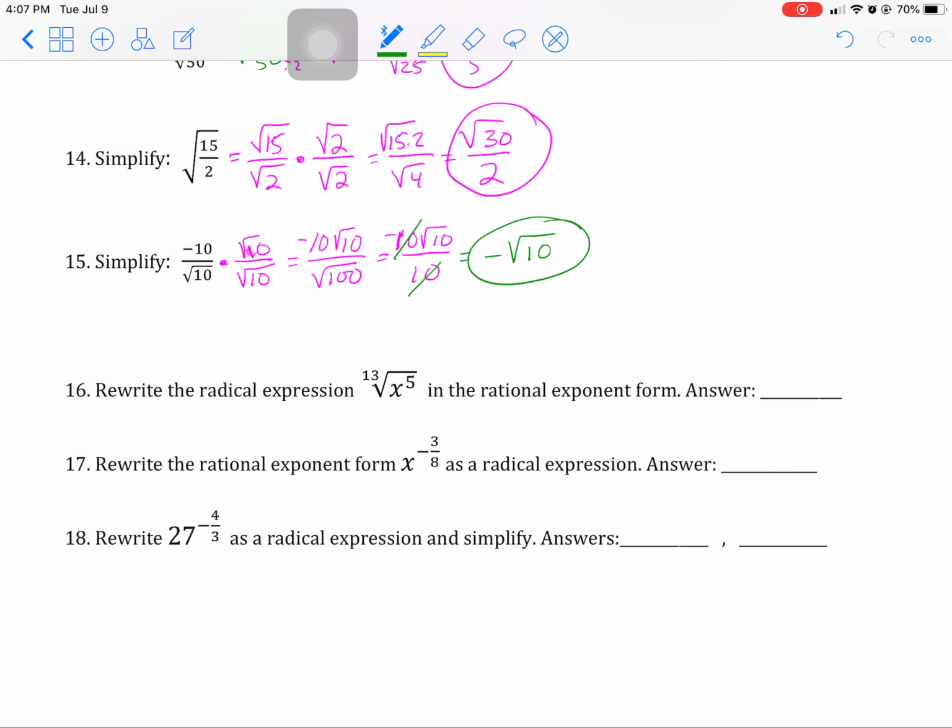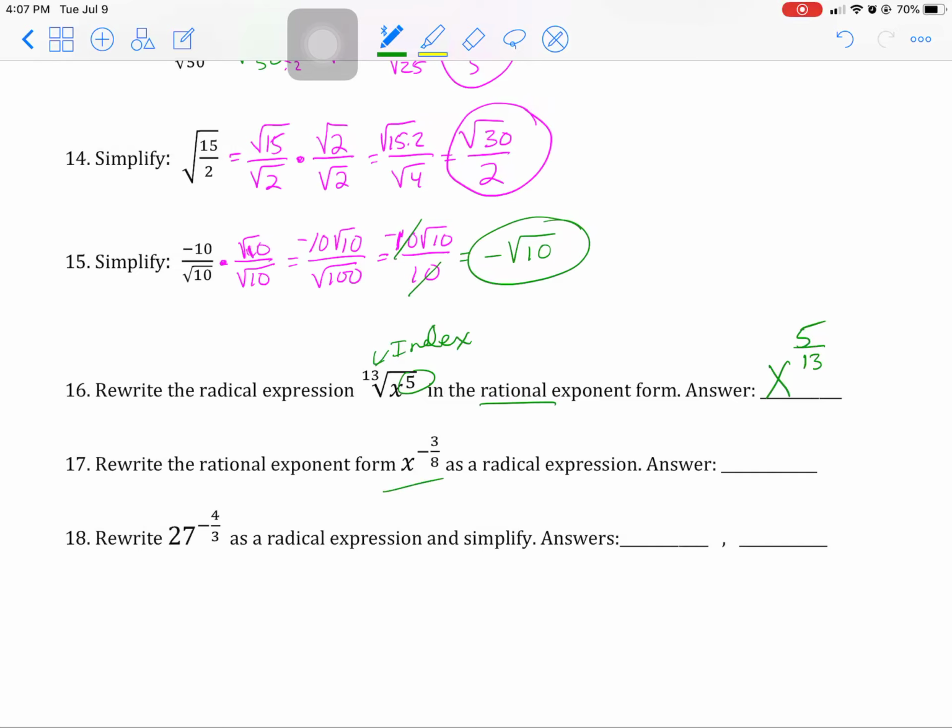Rewrite the radical expression as a rational. In other words, give me a fractional exponent. Okay. So the base is an x. The index is always the denominator. Okay, that's the index. And this is the power, so that always goes here. That's all they want for that, okay?